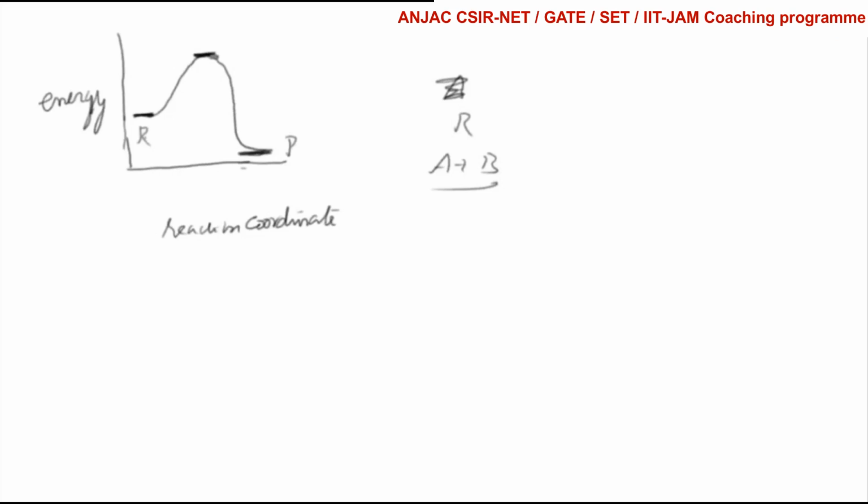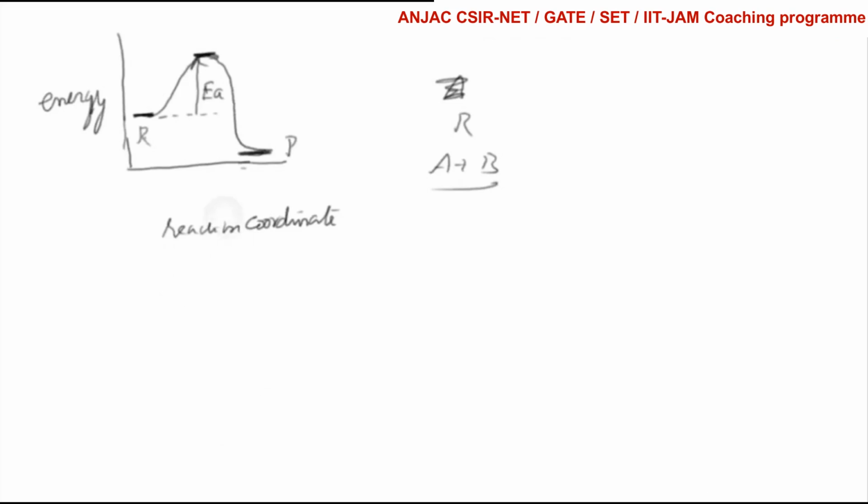What I have drawn in the diagram is the reaction coordinate diagram for an exothermic reaction. The energy needed by the molecules to go from the average energy to the threshold energy we call the energy of activation. This much energy is required to activate the reactant molecule to an activated state.